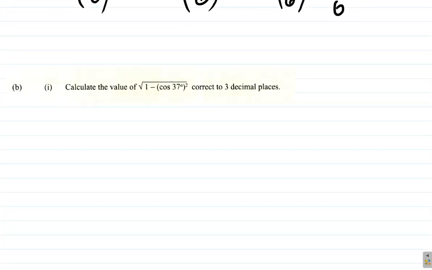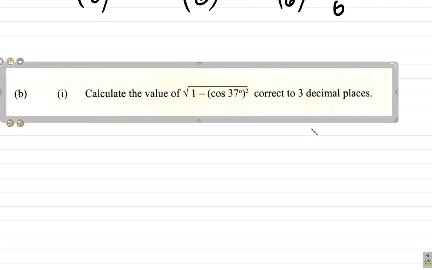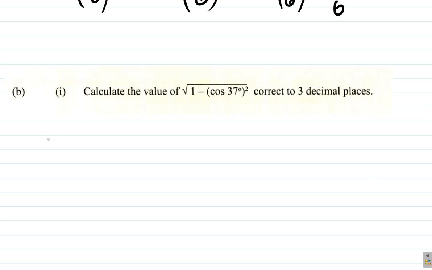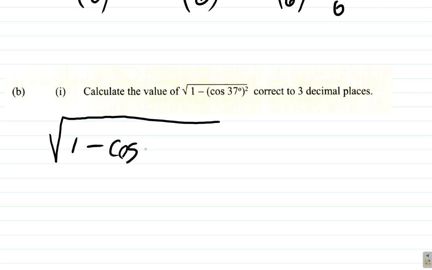Now, we're going to use our calculator for this one and write it to 3 decimal places. Let me rewrite what this question says. You're going to find the square root of 1 minus the cosine of 37, and that will be squared. All right?